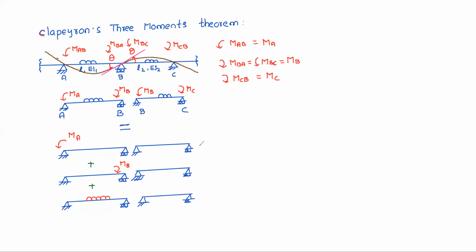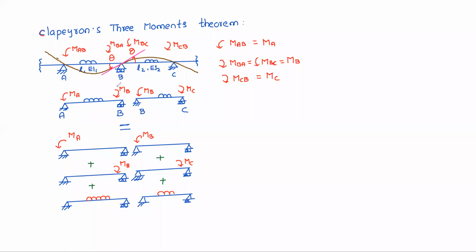Similarly, on the BC span also, apply MB separately, apply MC separately, and apply this external loading separately. The summation of these three things will be equal to the original pattern, MA, MB, and loading. We are just splitting it into three parts for our convenience only.